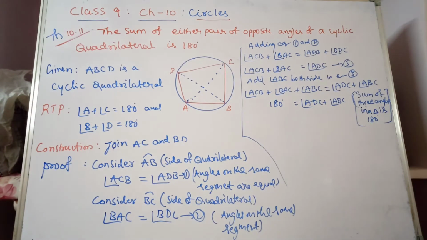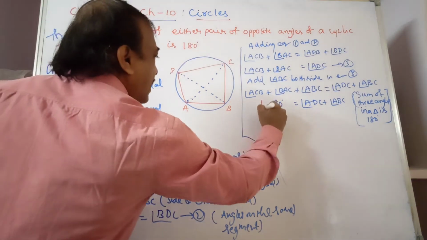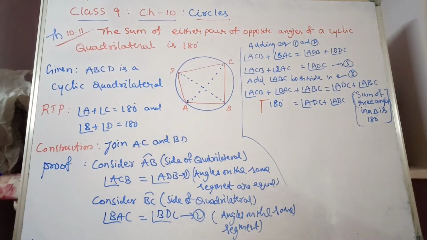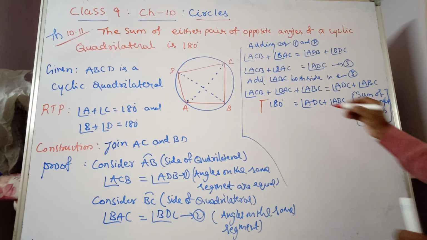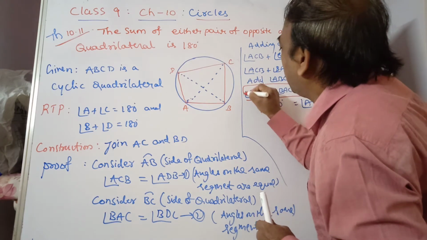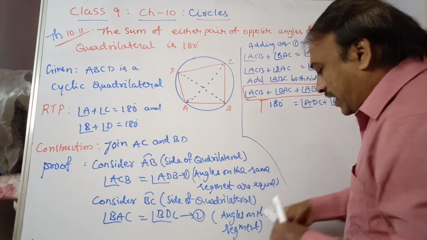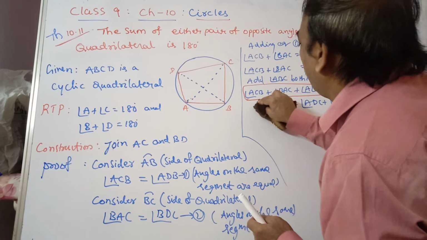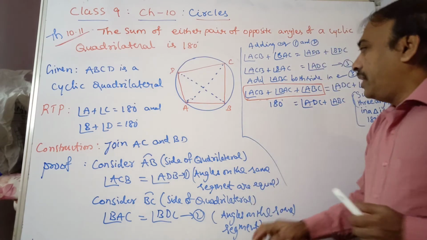They are the angles of a particular triangle. So the sum of these three angles is equal to 180 degrees we got, right? Are you following? Yes.